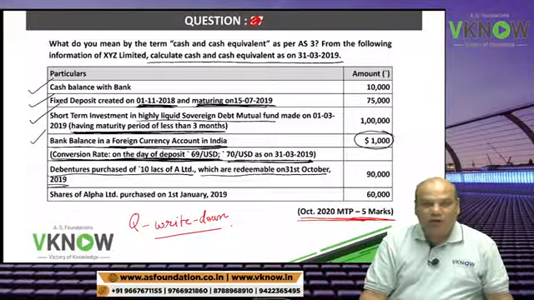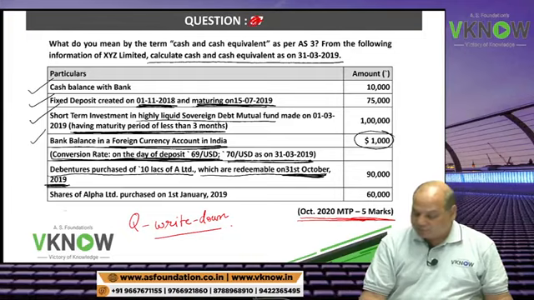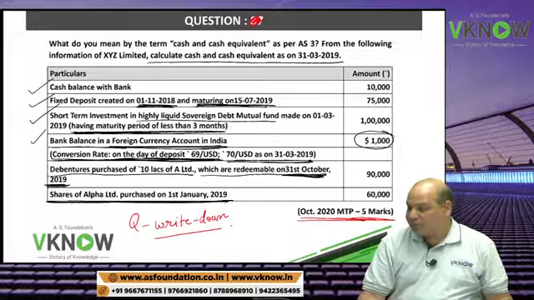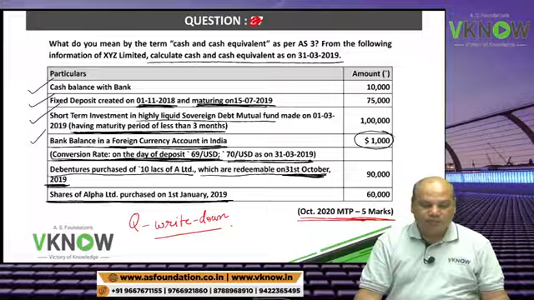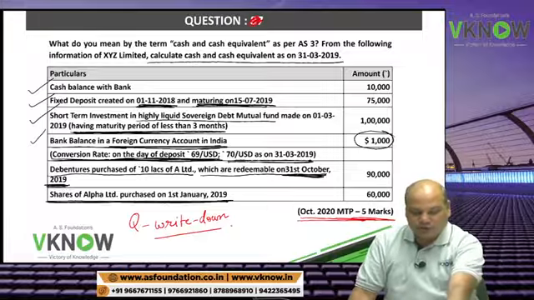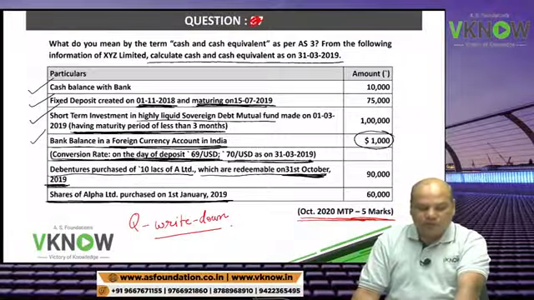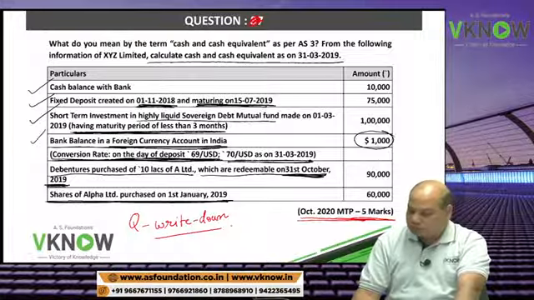Important is the date. 90,000. Last line, write down shares of Alpha Limited purchased on 1st January 2019, 60,000.